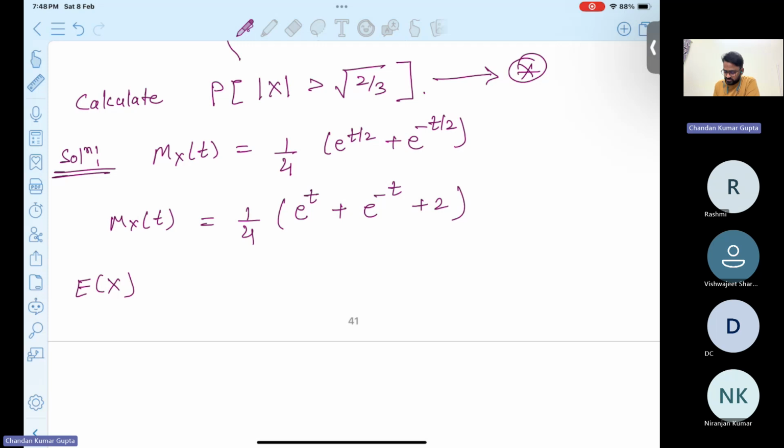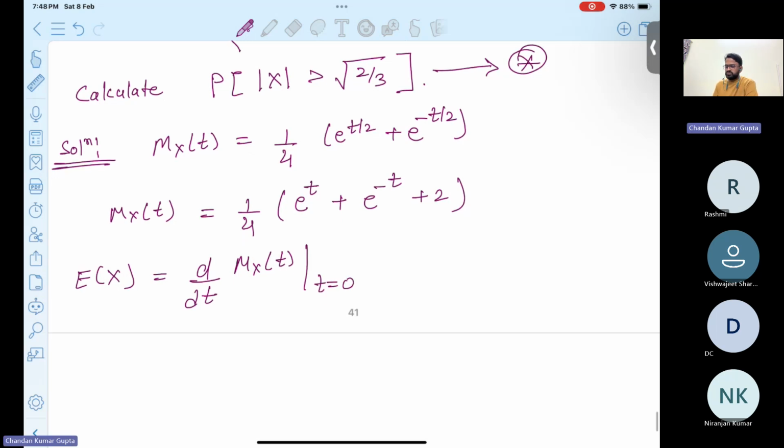So let's start: d/dt of M_X(t) at t equal to 0. It's 1 by 4 times the differentiation, e to the power t minus e to the power minus t, because the derivative of e to the power minus t is minus e to the power minus t.